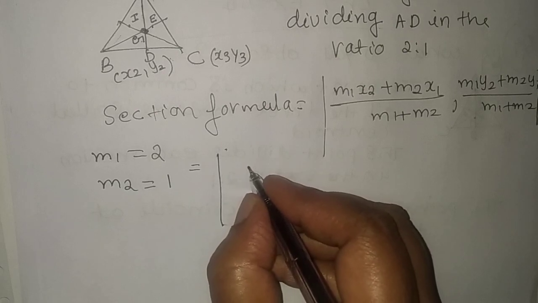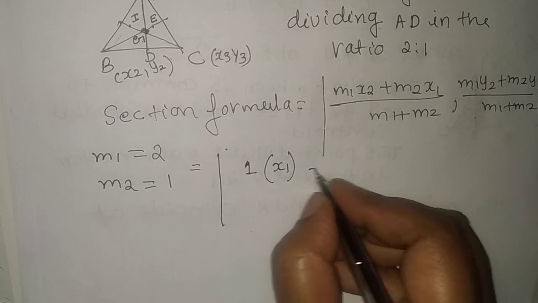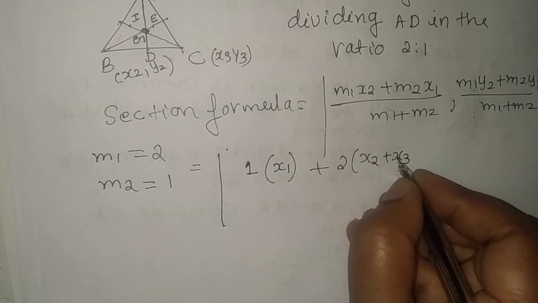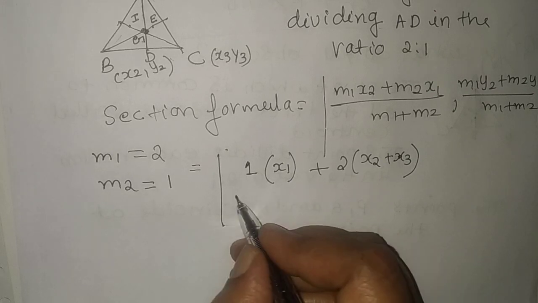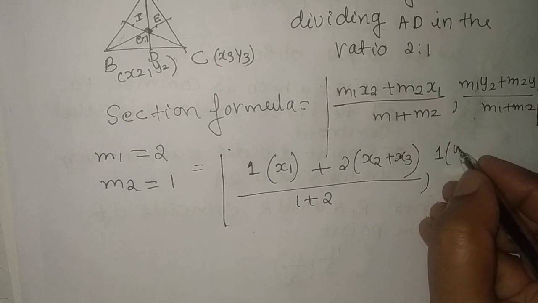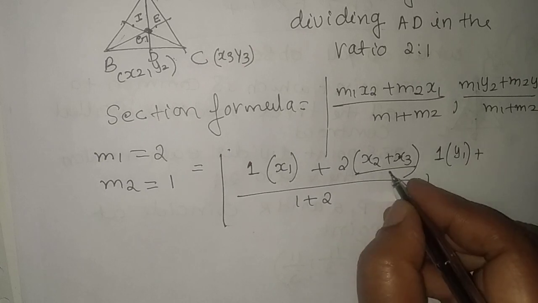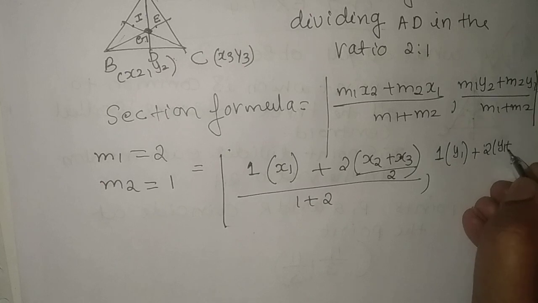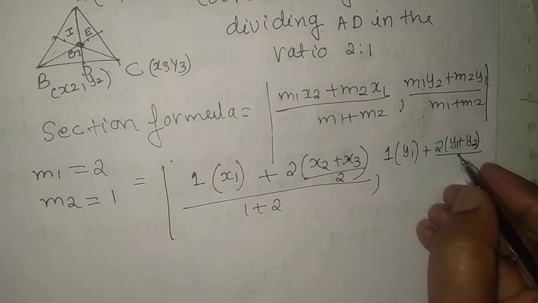M1 is this, and 1 times x1 plus 2 times (x2 plus x3) over 1 plus 2. Next, here 1 times y1 plus 2 times (y2 plus y3), divided by 2.